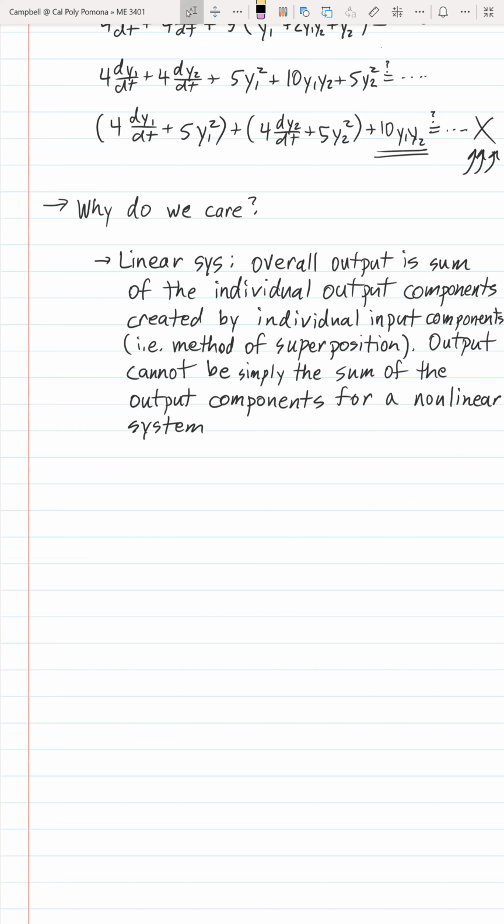Now, that's why being able to identify a linear system is so crucial, because if we look at it in the real world, what does that mean?